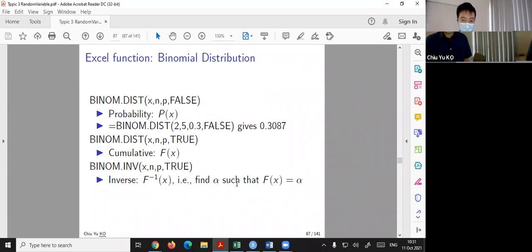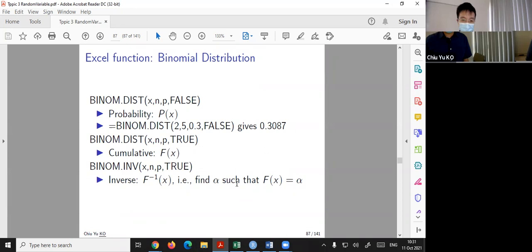But let me talk about this. For every distribution we learn, there will be functions, actually two in this case: the distribution function and the inverse. We learned that in the normal, the normal distribution and normal inverse. It is the same for the binomial. We can find the P of X and the inverse.